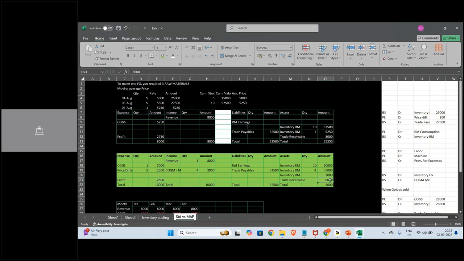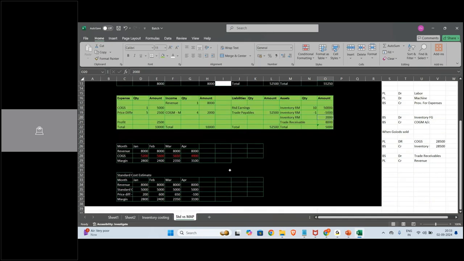The remaining went to inventory, I have taken the cost. Let's say finished good, whatever it is. So in a standard price, what happens? In moving average price, you will not apply a standard cost estimate, right?